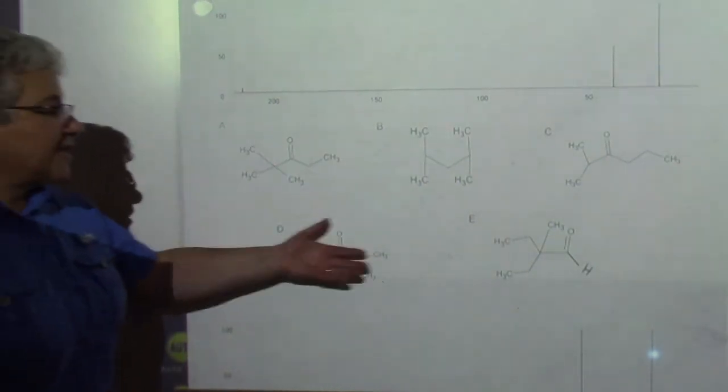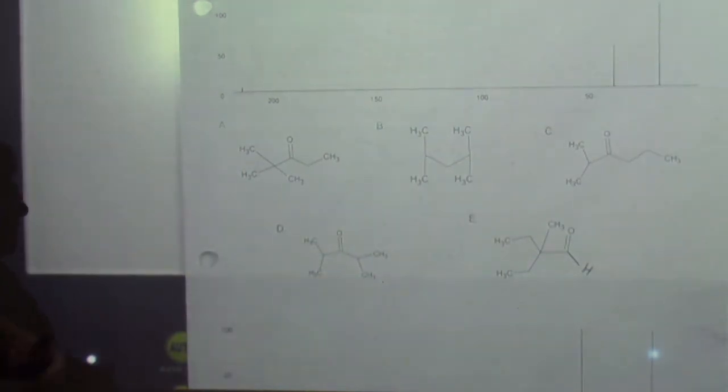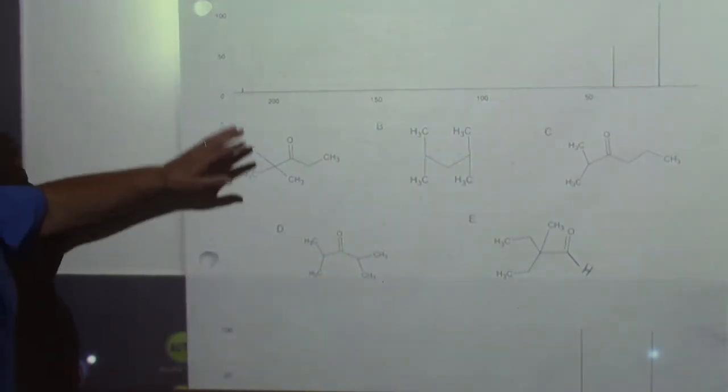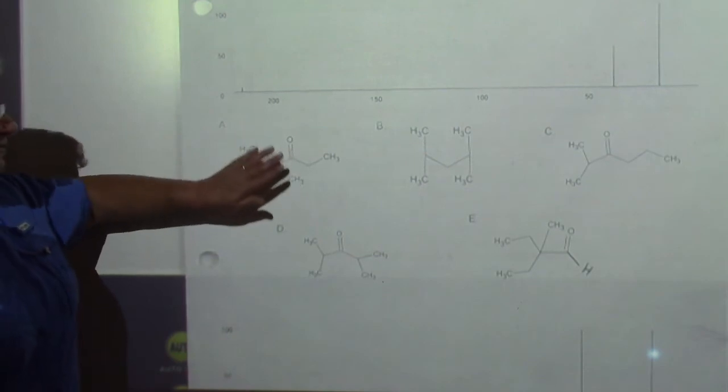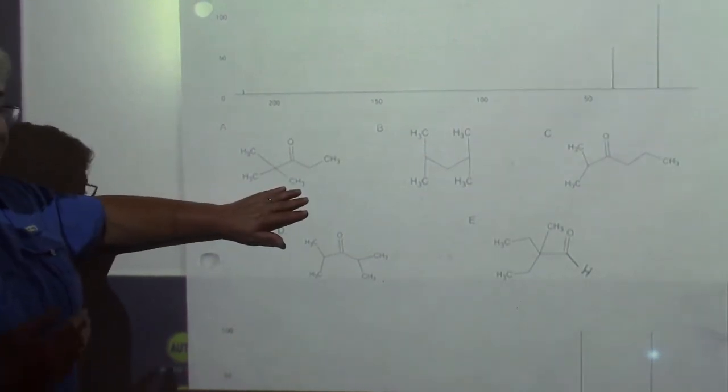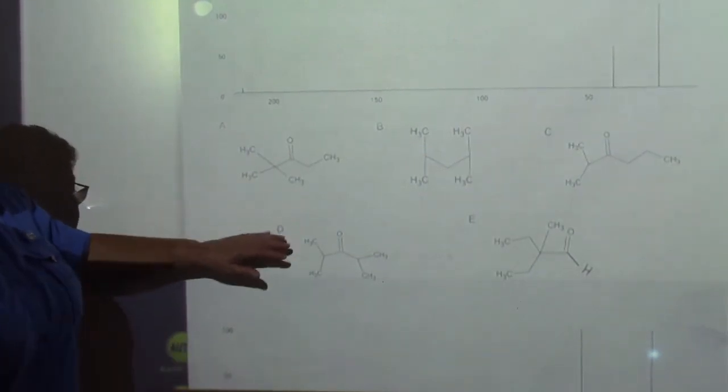Then what I do is I go through my choices and I look at this molecule and I figure out, well, if I had the spectrum of molecule A, I would expect to see this number of carbons.